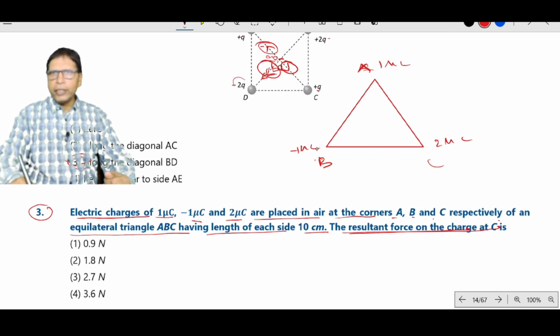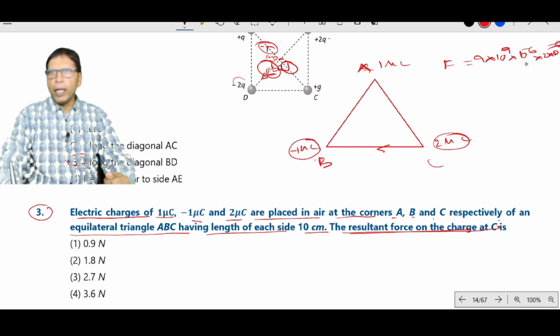Now, the minus 1 microcoulomb charge attracts the 2 microcoulomb charge along this direction with the force F equal to 9 into 10 to the power 9 into 10 to the power minus 6 into 2 into 10 to the power minus 6 divided by the distance of separation squared. Here the distance of separation is 10 centimeter, that is 0.1 whole square.